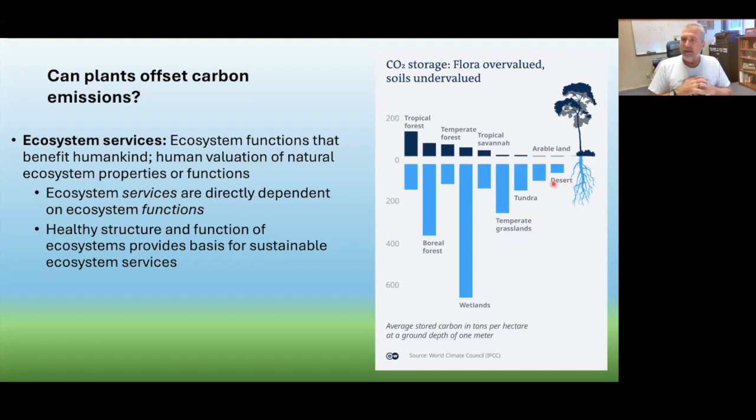So in any event, ecosystem services are directly, again, tied to these ecosystem functions and really are important if we're looking at sustainability, right? And so if you think about sustainability, the ability of both current and future generations to meet their needs, while those future generations, the even further future generations, are still able to meet those.